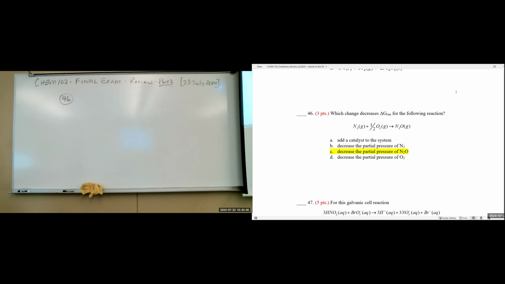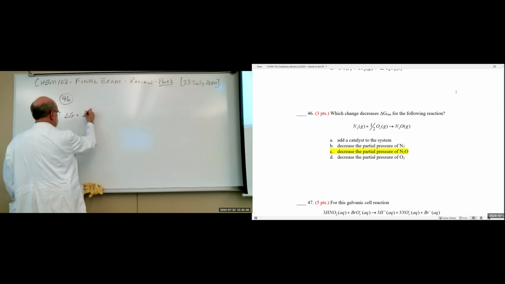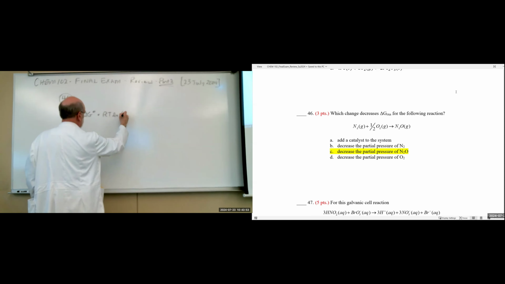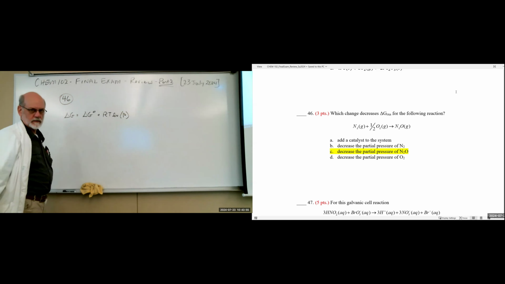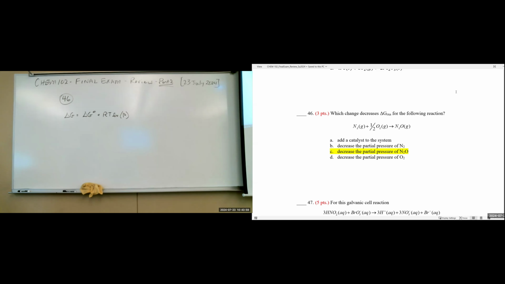Okay, RT log P. Delta G equals delta G0 plus RT log of the partial pressure.